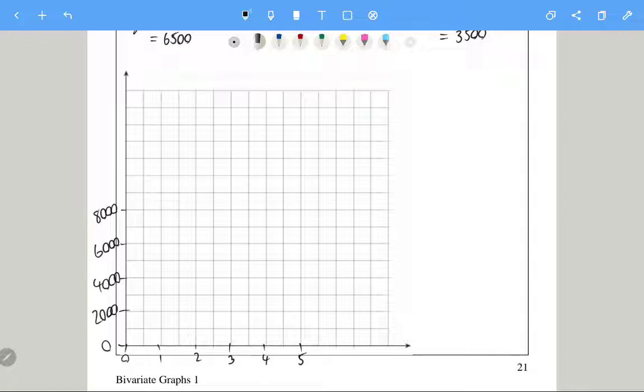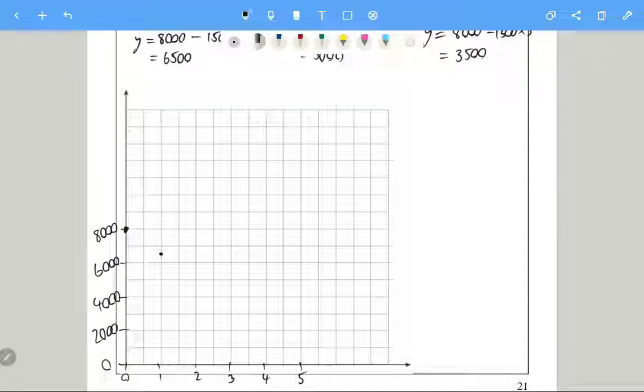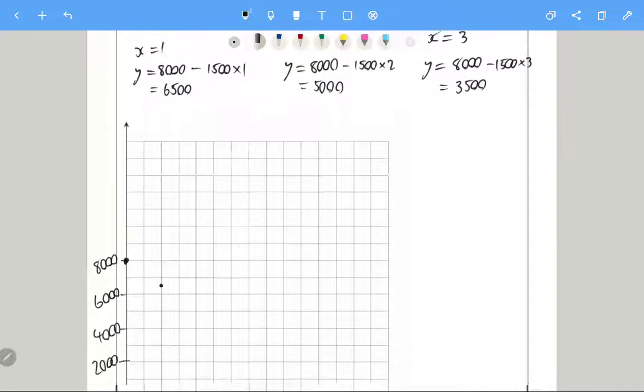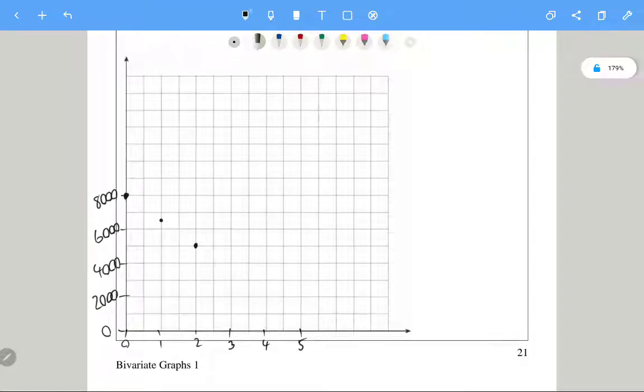Alrighty, so now let's plot our points. So at 0, it was worth 8,000. After 1 year, it was worth 6,500, halfway between 6,000 and 7,000. Then it went down to 5,000, halfway between 4,000 and 6,000. And you can see that it's starting to make a straight line.